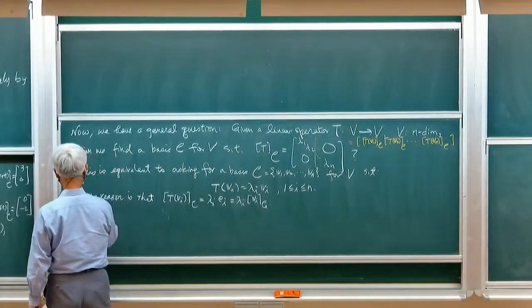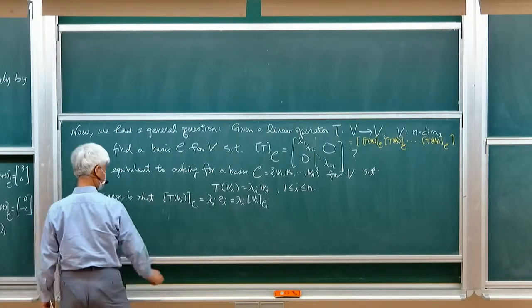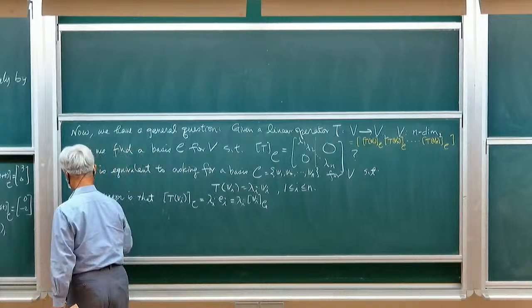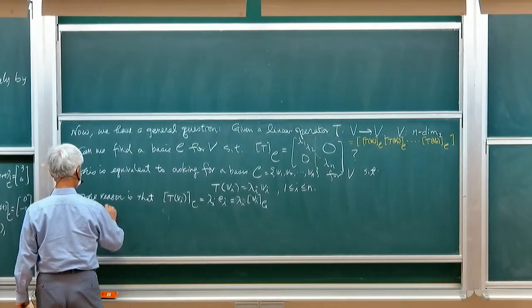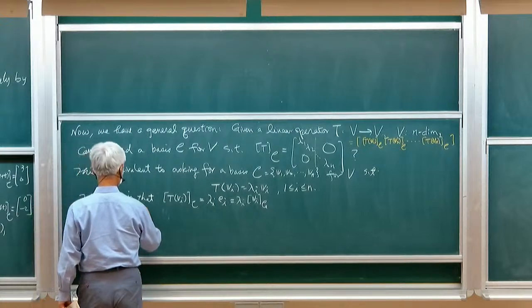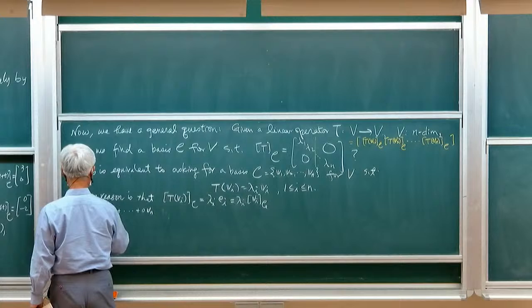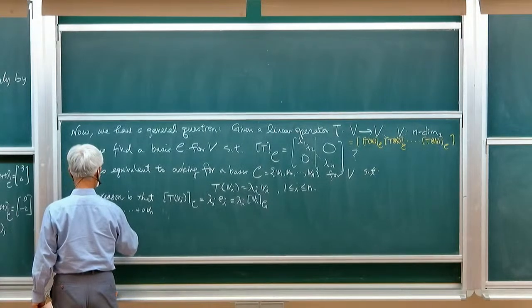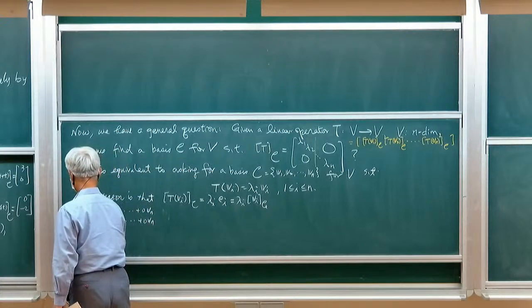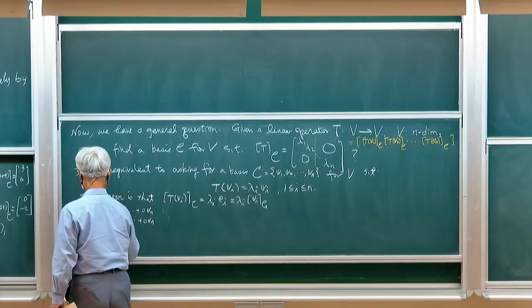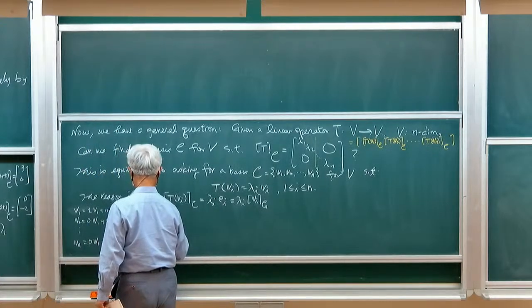Okay, say for example V1 is (1, 0, ..., 0), V2 is (0, 1, ..., 0).